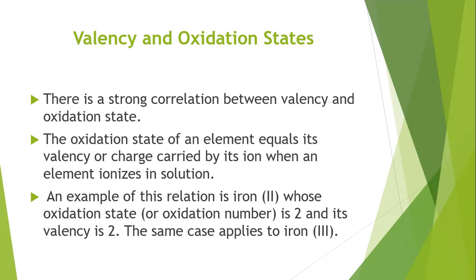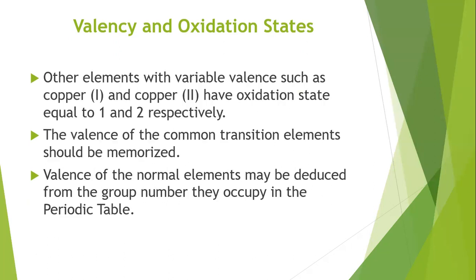Take an example of this kind of relation: iron 2, whose oxidation state, or oxidation number, is 2 and its valence is 2. The same applies to iron 3, whereby the oxidation state is 3 and its valence is 3. Other elements with variable valences include copper 1 and copper 2, which have oxidation states equal to 1 and 2 respectively.